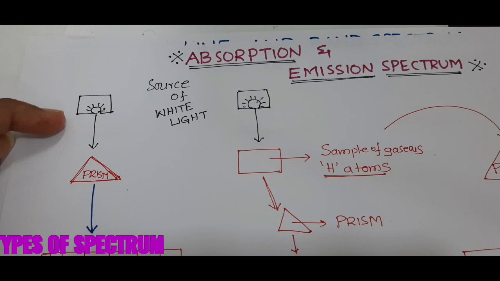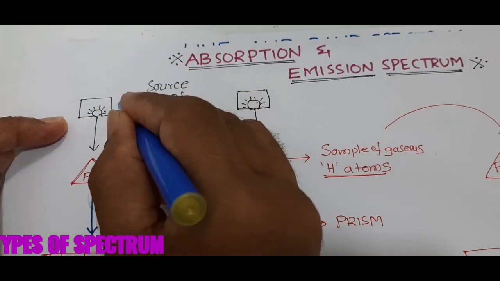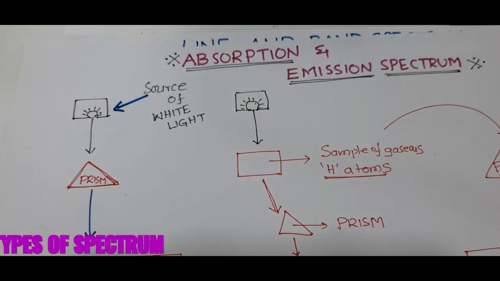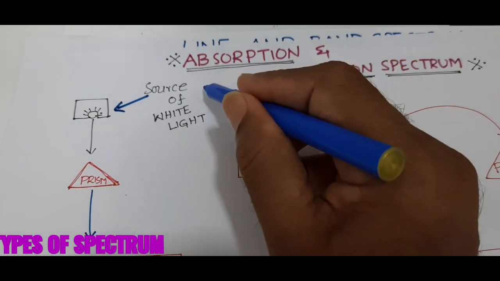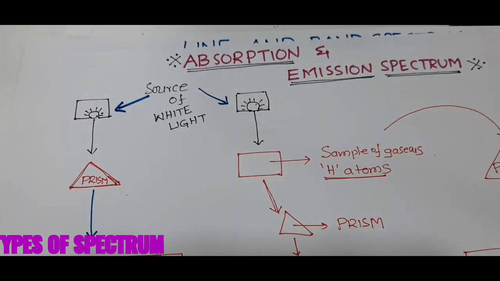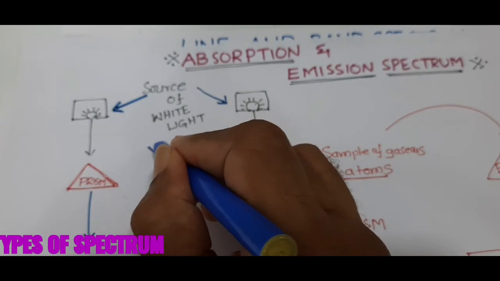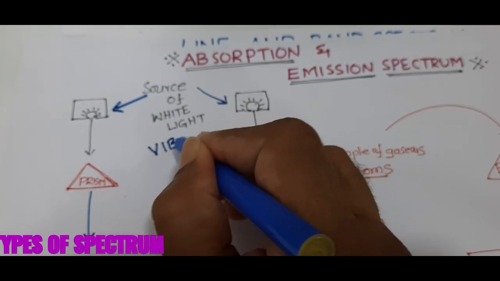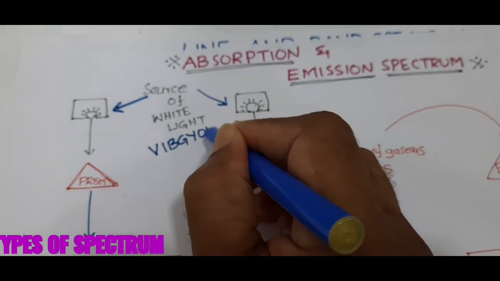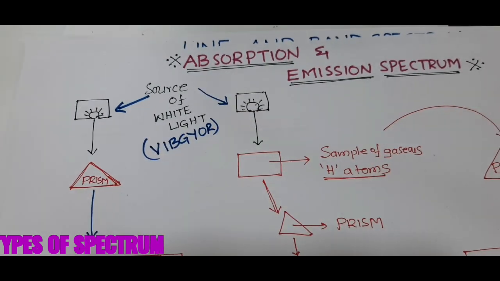Look at this. Here this is the source of light. Especially I am taking it as a source of white light. The source of white light is composed of how many colors? VIBGYOR, 7 colors. Right?